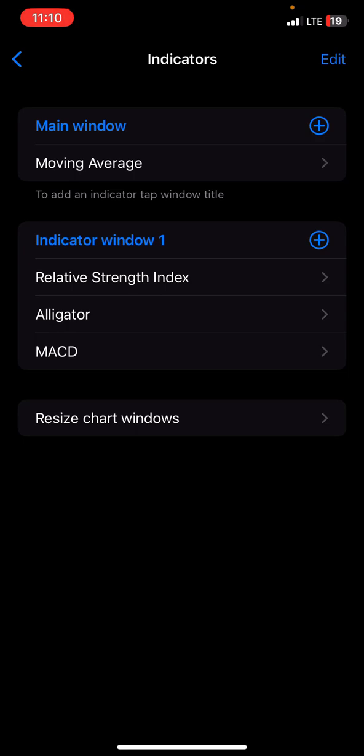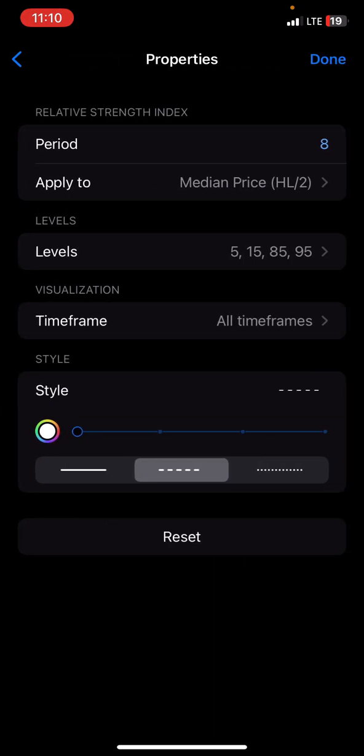Right now, let's get to the main thing here. On the indicator window one, we have relative strength index, we have alligator, we have MACD. So the first thing we're bringing in will be the RSI, which is relative strength index. You click on it. The period there is 8, applied to median price.